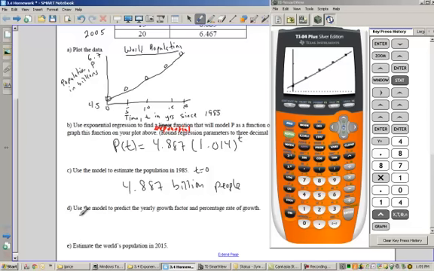The growth factor is the number you're multiplying by each time, so the growth factor is equal to 1.014. For the percentage growth rate, remember, you rip off the 1, and you get 0.014, so it's 1.4%. So the population seems to be growing at about 1.4% per year.